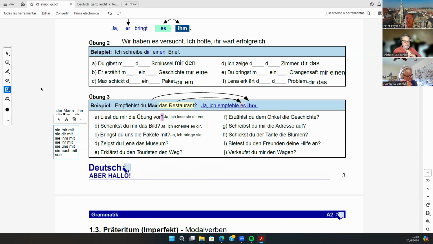Und ich bringe sie ihnen mit, to them. Okay. Wie trennbares Verb.